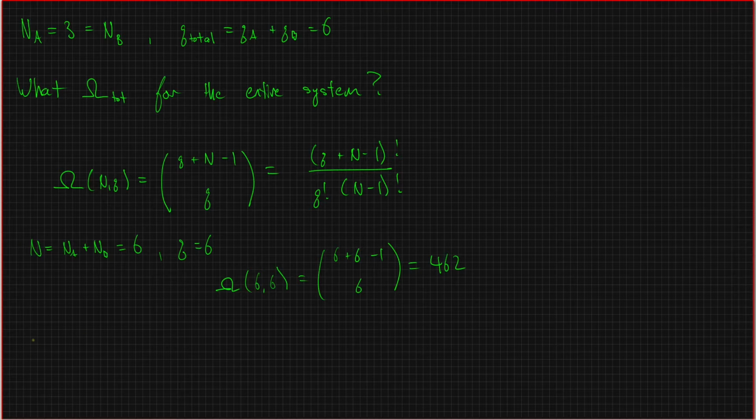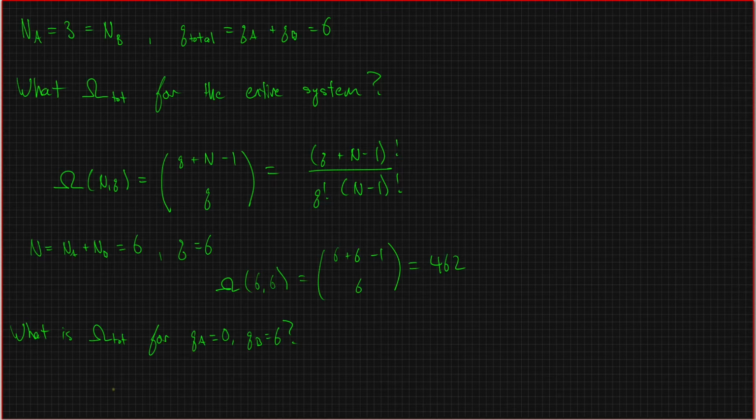Specifically, if I consider a specific macro state, what is omega total for, let's just say, QA equals 0 and QB equals 6? So now I'm specifying a specific macro state of the system. Up here, I would have been asking for the total number of multiplicities of all macro states.